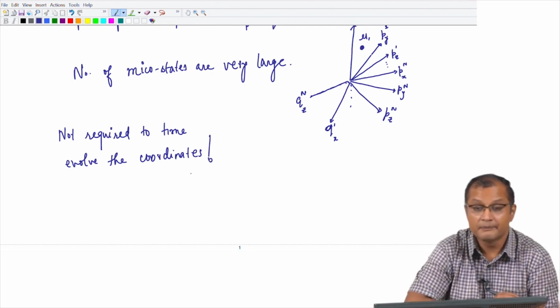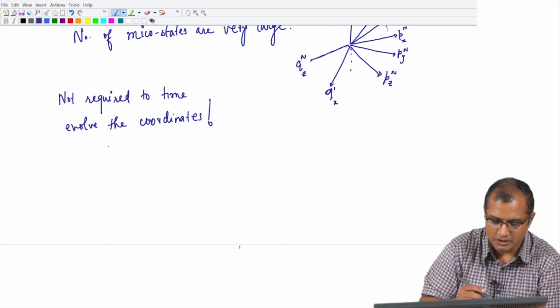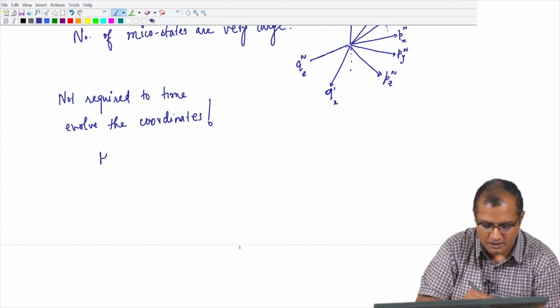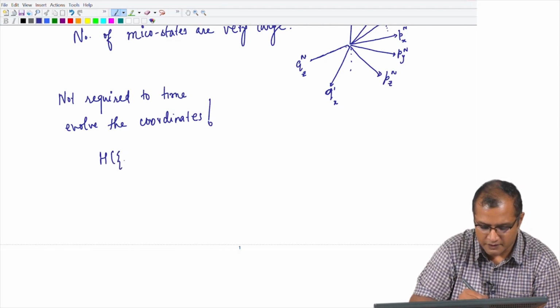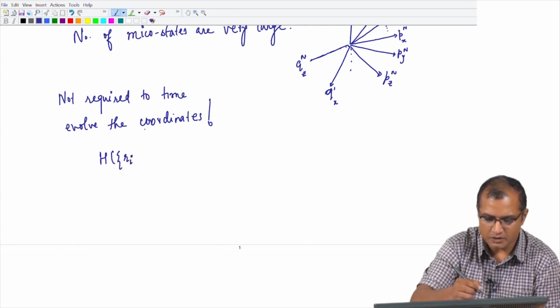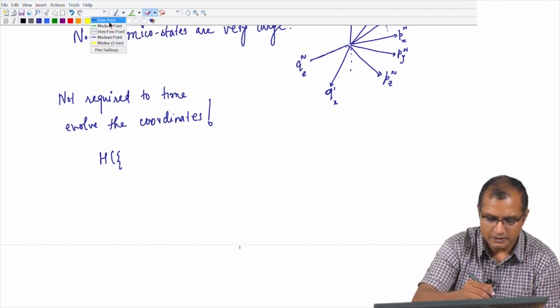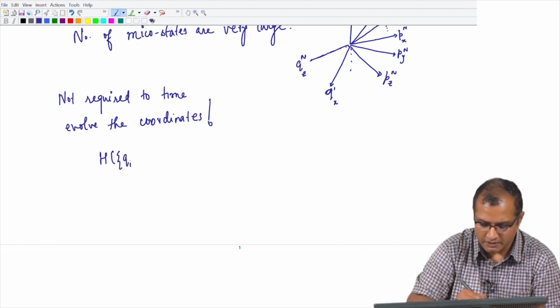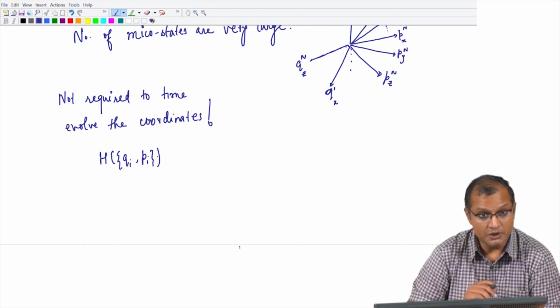It is not required. That means that in classical mechanics you would take a Hamiltonian, which is basically a function of your position and momentum, and you would normally take the time evolution of the position and momentum through the Hamiltonian.